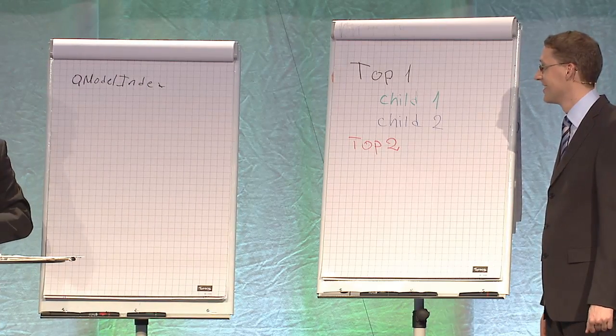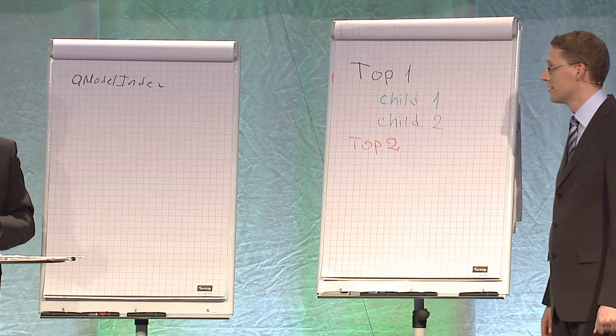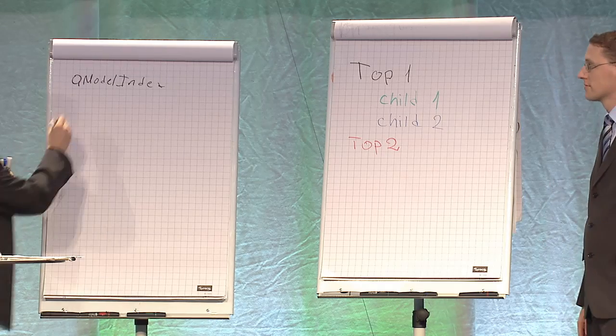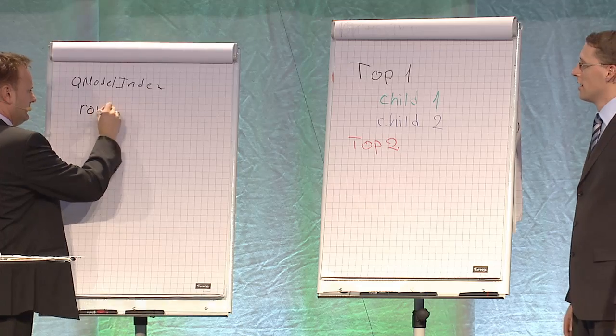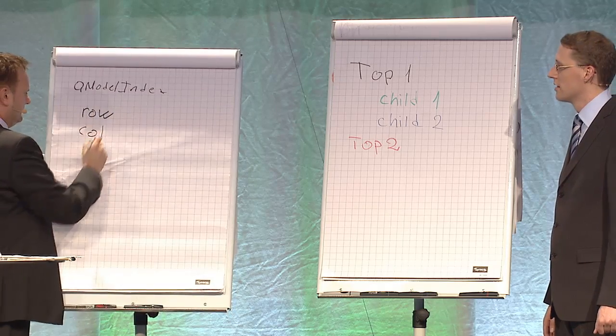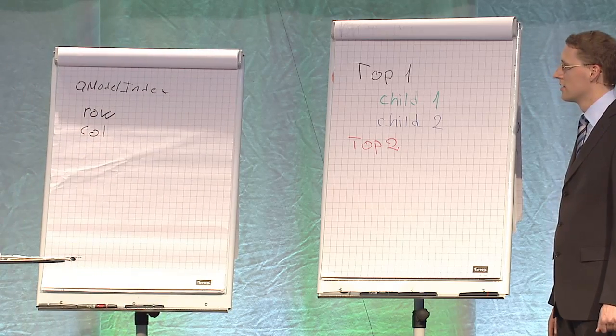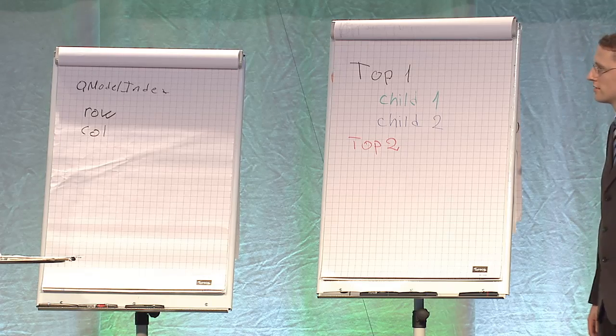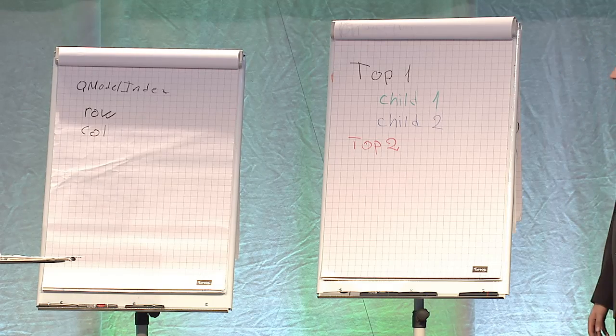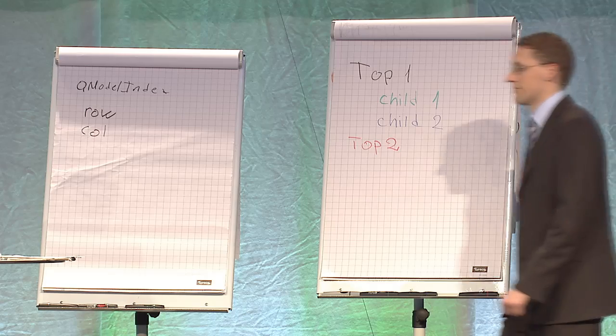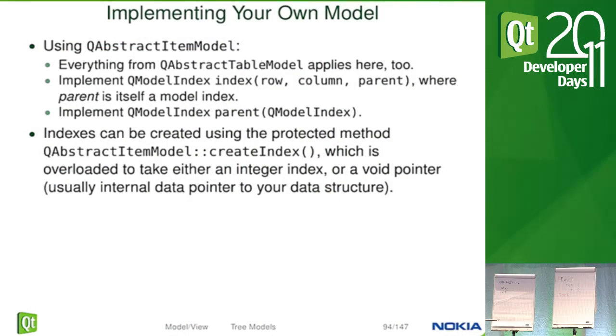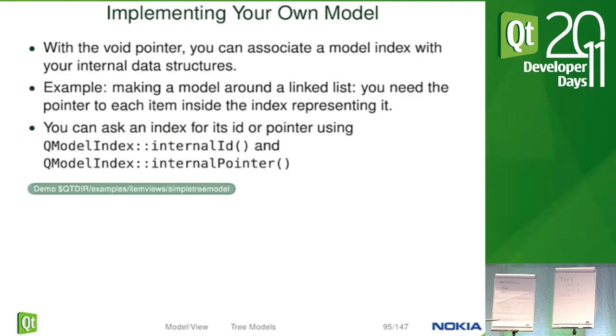So QModelIndex has 3 parameters. It has a row, it has a column, and it has either, as we saw, an internal pointer or an internal ID. The internal ID is for like if you have something as a map, then you can use the ID as an index, or the internal pointer that is a pointer to some real data structure.